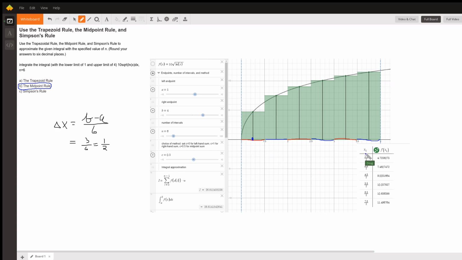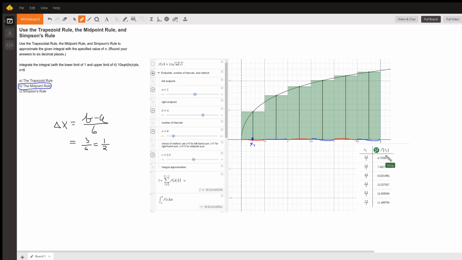And that's why in this little table down here, I've said that x sub 1 is 1 plus 1.5, 2.5, divided by 2. This is the first x sub 1 right here.